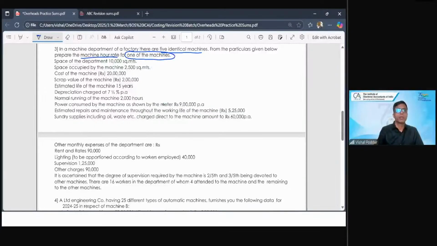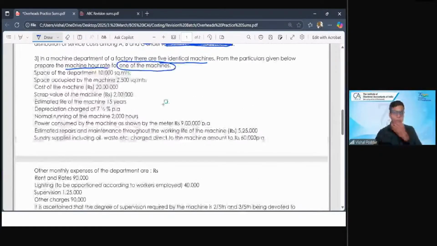Now, when you are doing this, you have to read the question very, very minutely because you have to ensure that all expenses are at the same level. Now see what data is given. They have given you the area. Area of this department in total is 10,000 and the area occupied by this one machine is 2,500. So this will be helpful.